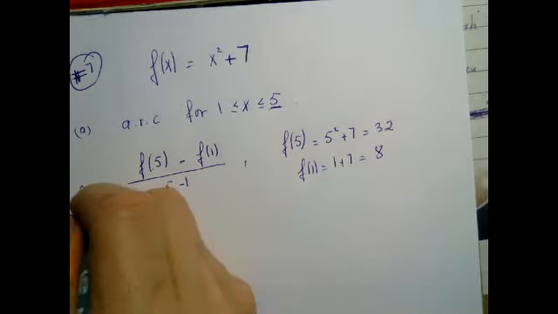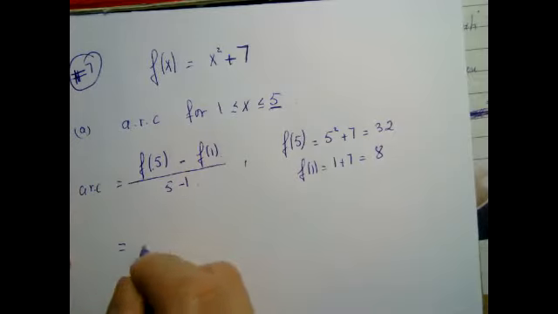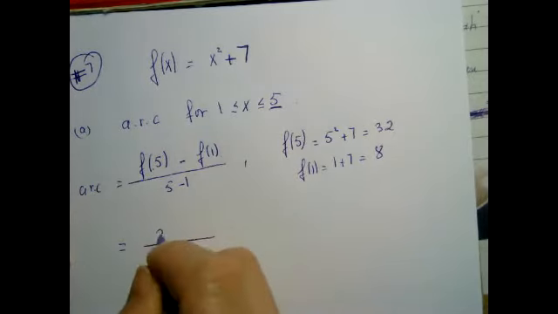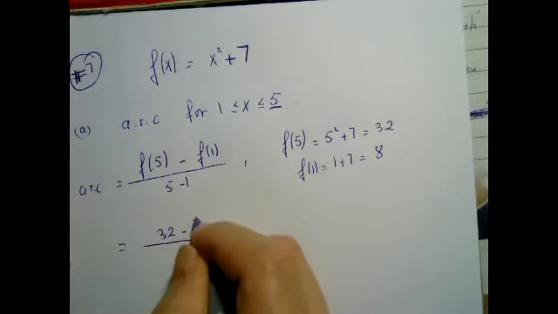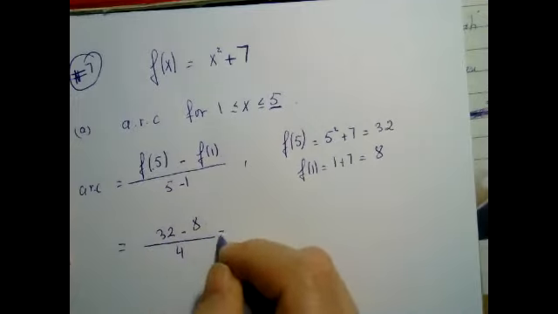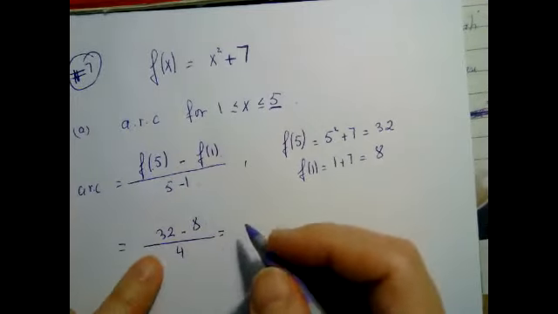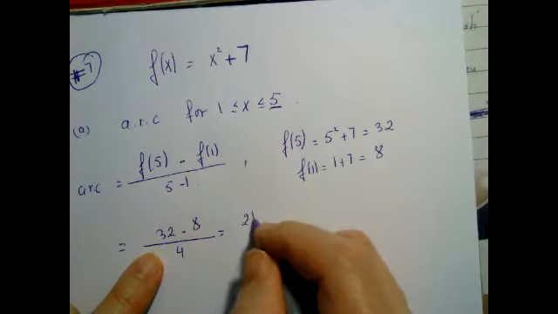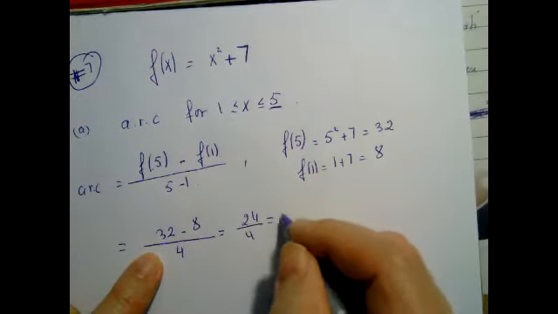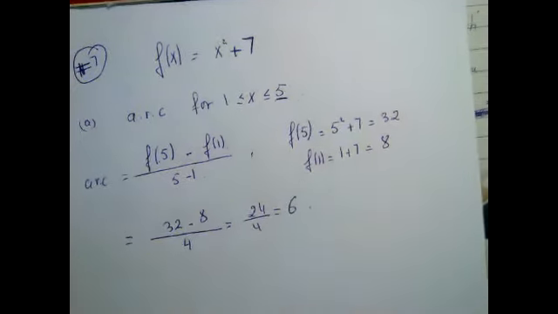So the average rate of change becomes 32 minus 8 over 4. So 32 minus 8, you're left with 24 over 4, which is equal to 6. Okay, so the first question is simple. You just have to plug into the formula.